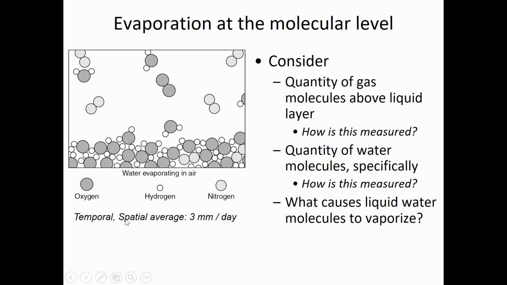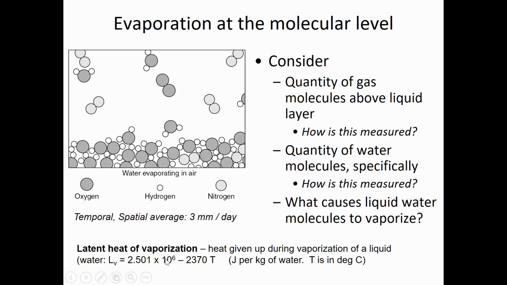So globally, the average amount of evaporation is 3 millimeters per day. And that's talking about the equator, where the solar radiation is very, very high and so it's driving a lot of evaporation. And that's also including the northern and southern parts of the atmosphere where the evaporation is low. And so it's kind of a global average.